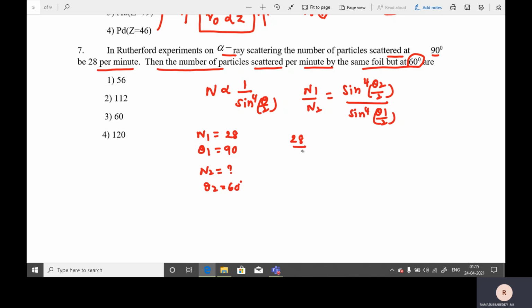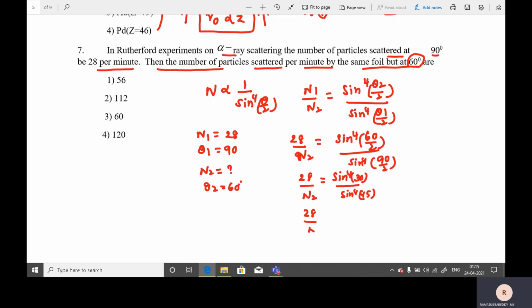Then 28 by N2 is equal to sin to the power of 4 of theta2 by 2, that is 60 by 2, which is 30, by sin to the power of 4 of theta1 by 2, that is 90 by 2, which is 45.